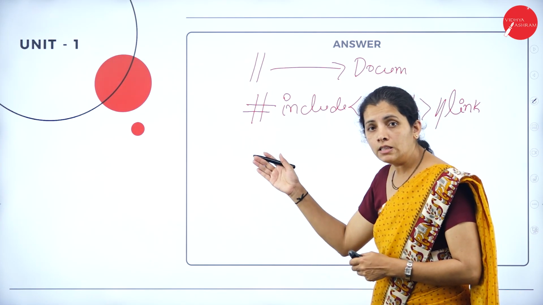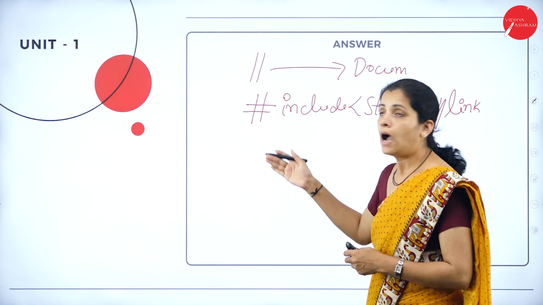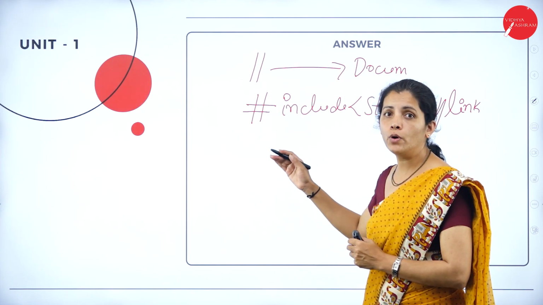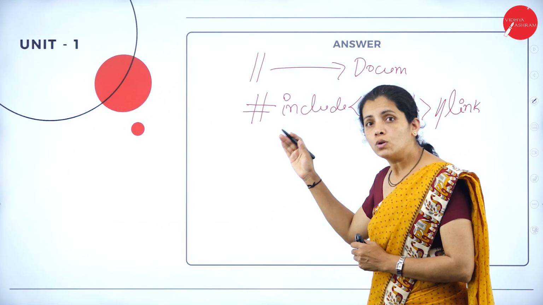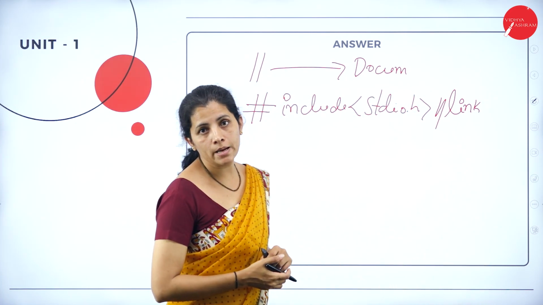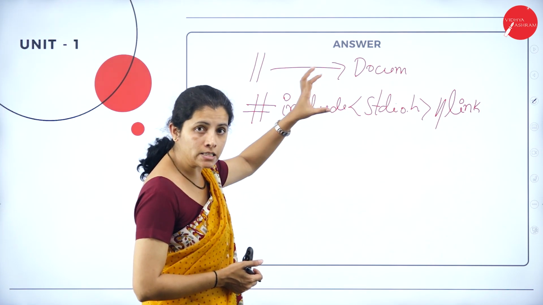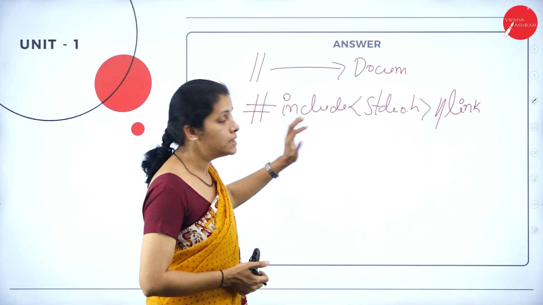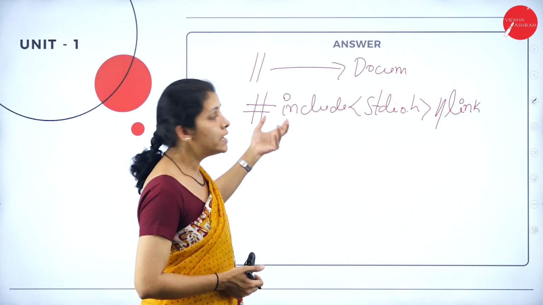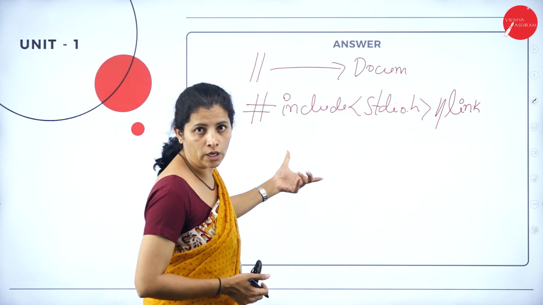So after this, I can have the preprocessor directive and the hash define. After that, I am going to have the global variable declaration. So what is a global variable declaration? The variable which can be accessed throughout the program must be defined above the main function. Even I can write the function prototype.